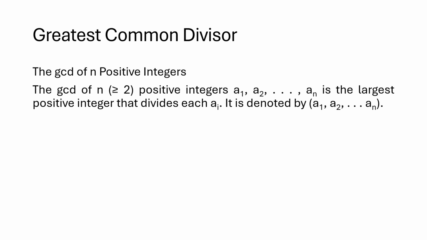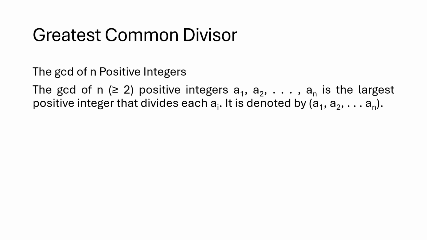So we have the GCD of n positive integers. The definition of GCD can be extended to three or more positive integers. So we have here the GCD of n positive integers, where n is greater than or equal to two.